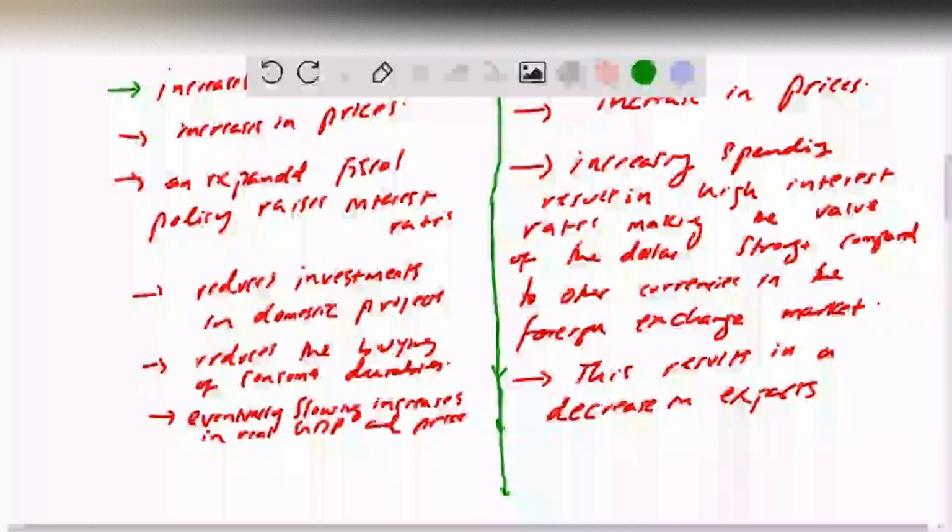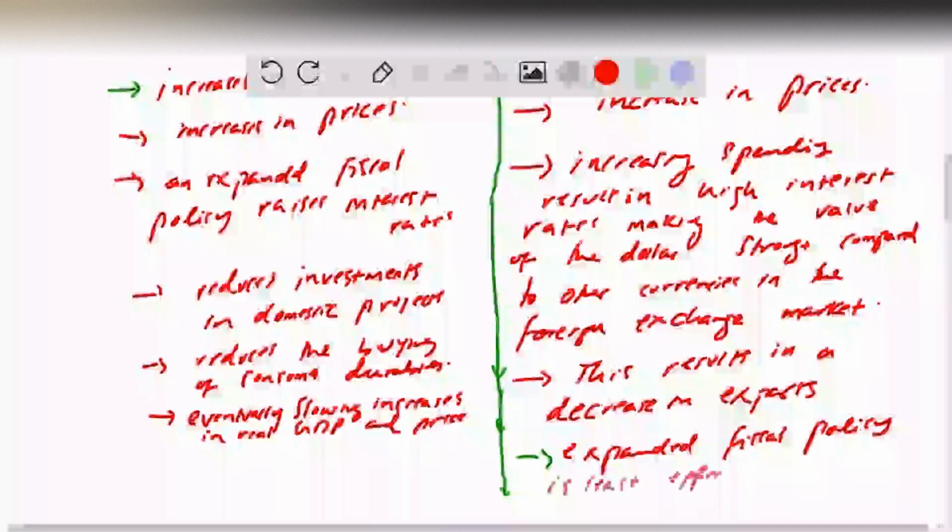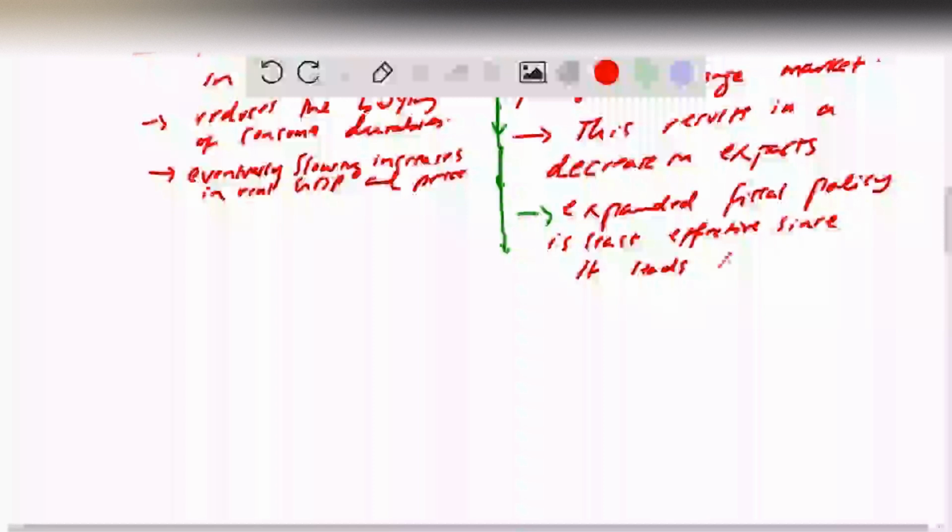And so the expanded fiscal policy is least effective, since it leads to smaller increases in aggregate demand.